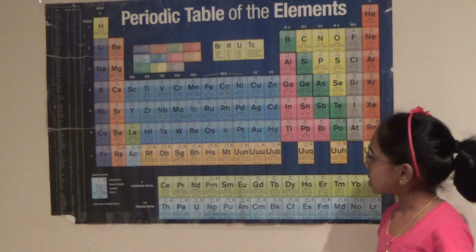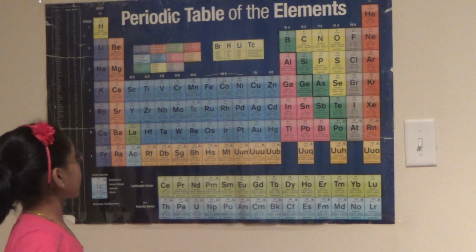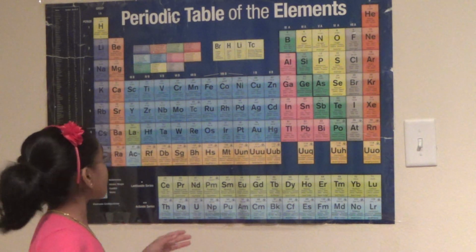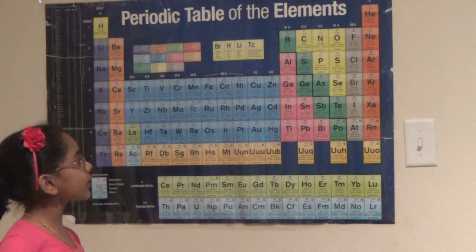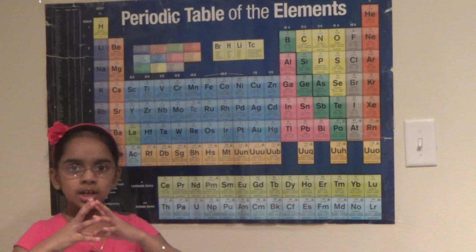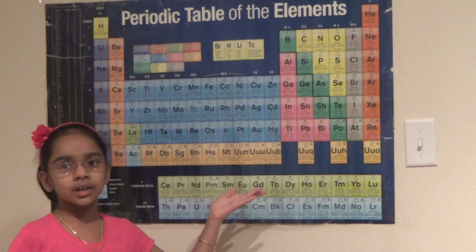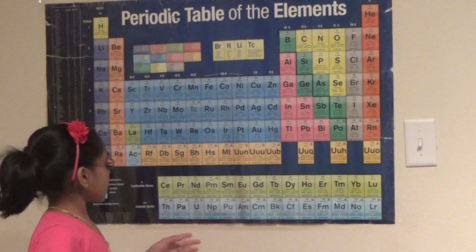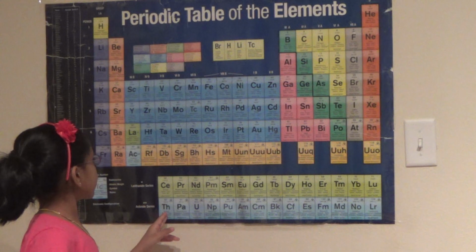Okay, now let's go down here. So now I shall answer your question about why they are not here. That's just because it makes the table very wide, and that isn't good on posters, and I'm teaching on a poster. And we have lanthanides and actinides.